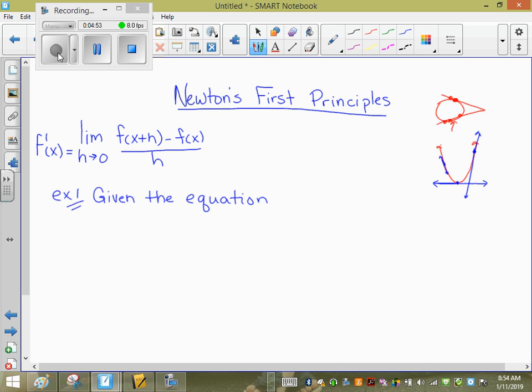Okay. So given the equation f of x equals x squared plus 3x, determine f prime of x.